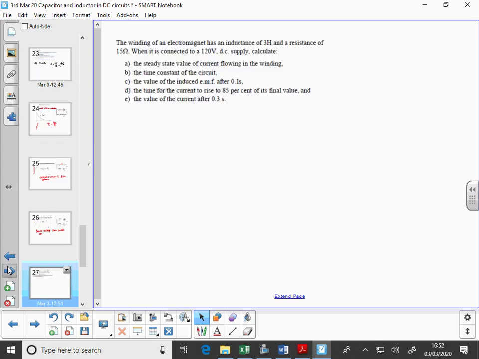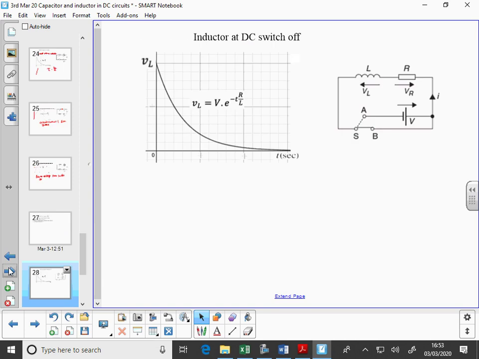We've got an example there on inductor from switch on, but I just want to skip ahead and look at inductor at switch off, and then you can work on the 2 problems between now and the end of the session. So inductor at switch off, okay, in actual fact we've got this field built up in the coil that once it reaches steady state it's going to stay constant like an electromagnet.